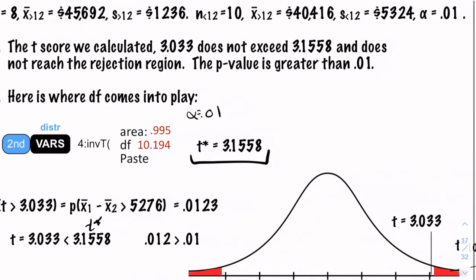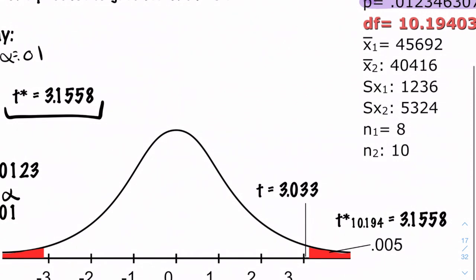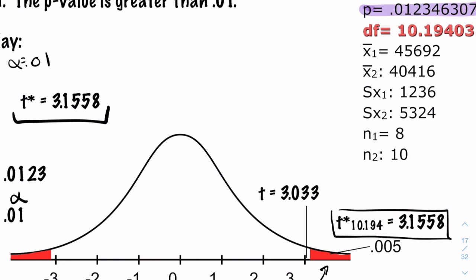Or another way to think about it, the p-value that we got is 0.012, and that is definitely bigger than 0.01, which was our alpha level. And if we look at our picture, because we're always going to draw a picture, there is our normal model centered at 0. And we're looking at, does our t-value fall in our significance level at the two-tailed test, so it's 0.005 on either side, and our t critical value of 3.1588.